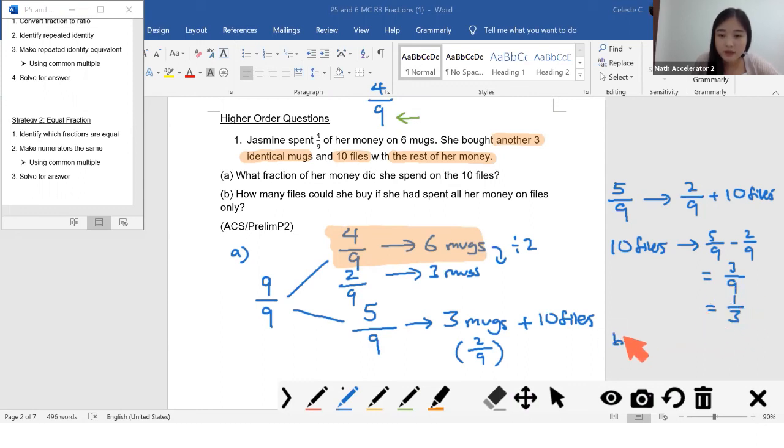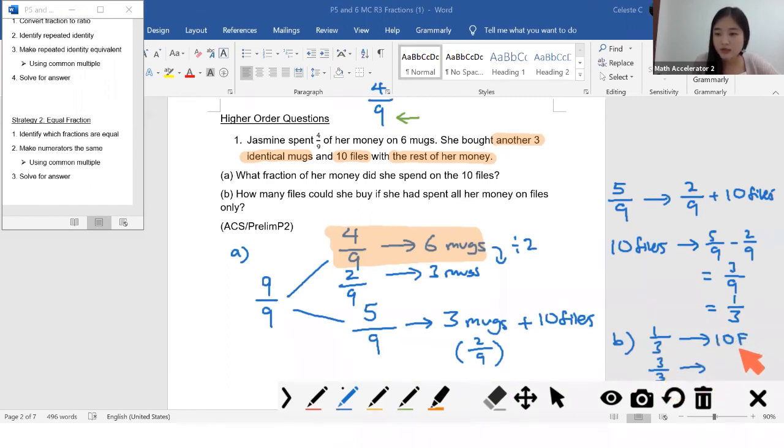Part B, how many files could she buy if she had spent all her money on files only? So 1/3 of her money is spent on 10 files. What is all of her money? What is the fraction for all of her money? Correct, 1 whole, 3 out of 3.